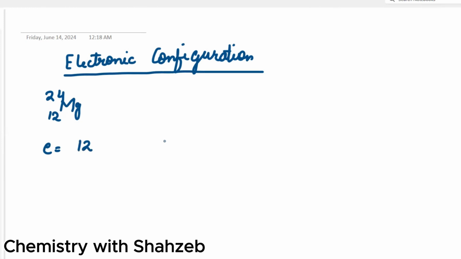Its electronic configuration would become 2, 8, 2. Two electrons will be present in the first shell, the second shell can accommodate a maximum of 8 electrons, and the third shell will accommodate the remaining 2 electrons. The first shell is basically called a duplet, and the second electronic shell is basically called an octet.